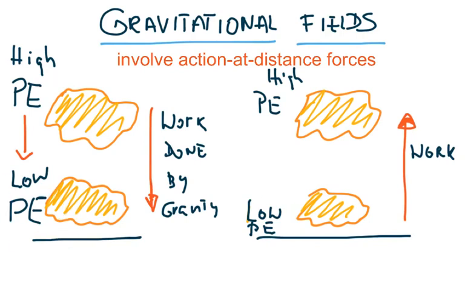The only difference is that when the stone is falling down, it goes from high potential energy to low potential energy, and the work is done by gravity, so it's like nature. If there is no work required from an external force, the potential energy will decrease.